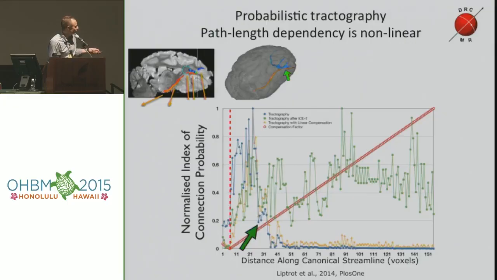Out here we have the number of voxels from the seed, which is the red striped line here. What we would expect is a continuous hit rate of streamlines crossing this canonical streamline. That should not be dependent on distance, like the green one here. It should go up and down here.